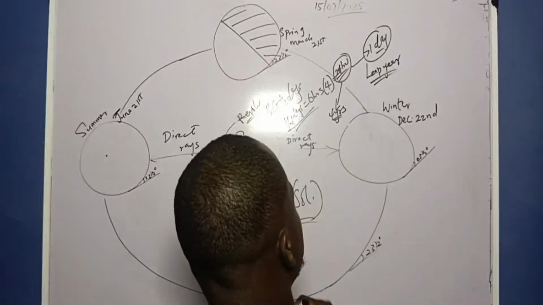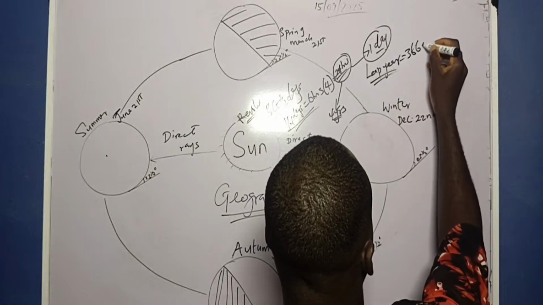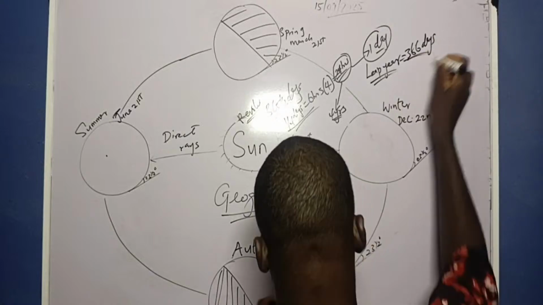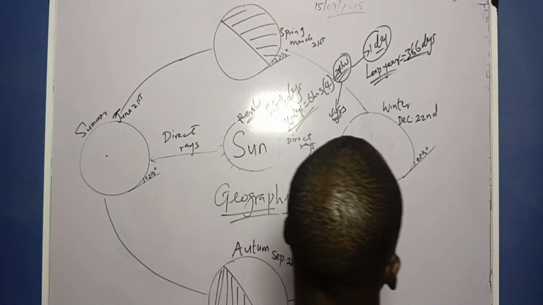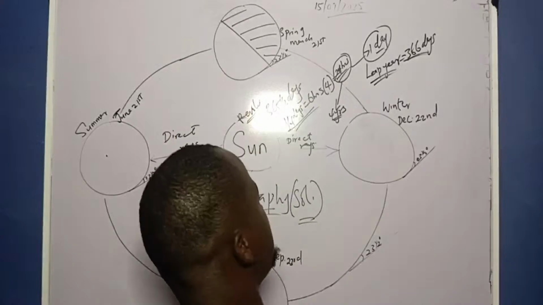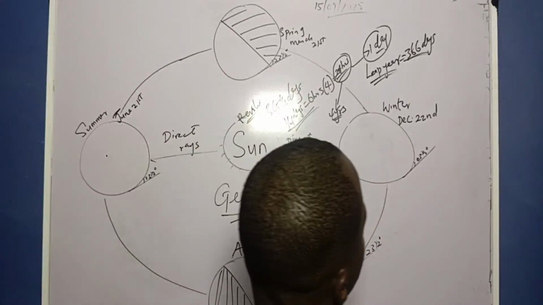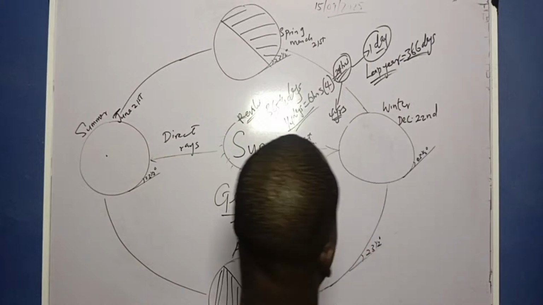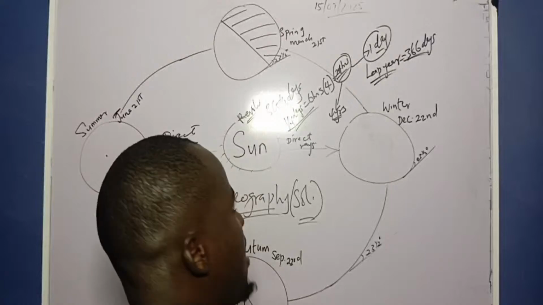So leap year is going to give us 366 days, which is the normal thing we were used to.